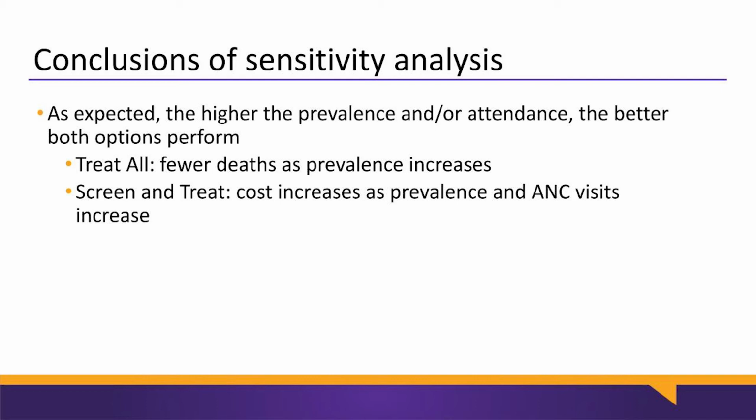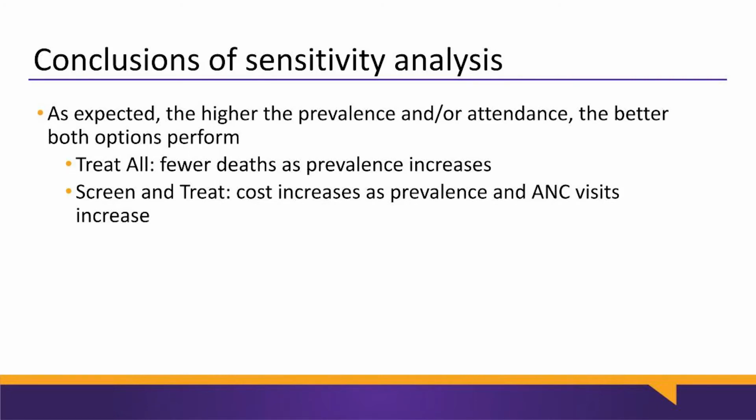Screen and treat cost actually goes up as the prevalence and ANC visits go up, and that's what you expect. The more people you have coming into the clinic, the more cost you're going to spend. With treat all, it really just depends upon the number of people coming into the ANC clinic. The more people that come, the more money you're going to spend.